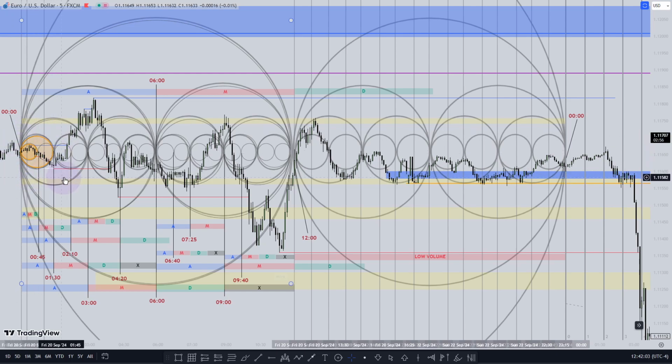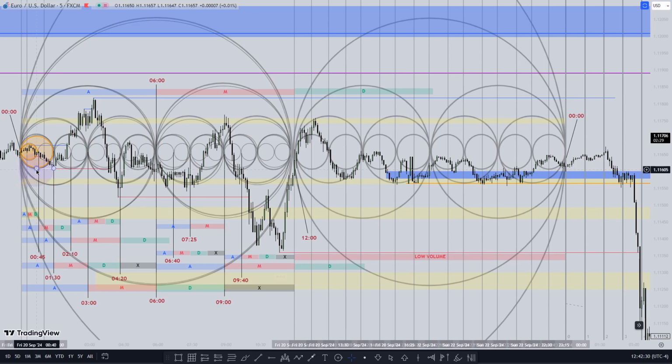This circle right here. We marked out the low and the high from midnight to 1:30. This is the low and this is the high. The high is closer to midnight, which means we are going to use the low, because the low is farther from midnight than the high.